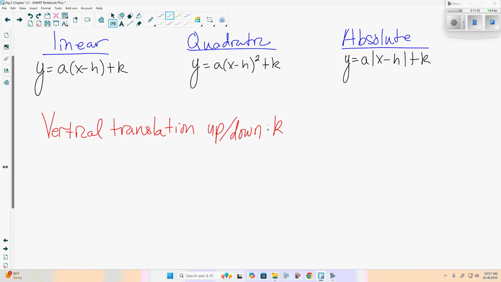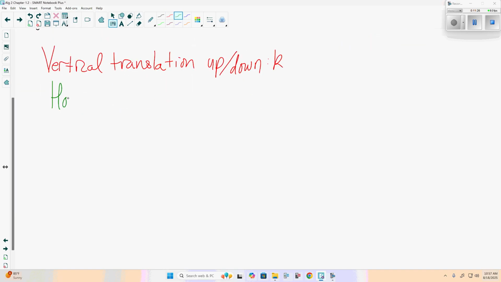Okay. Now we also have the horizontal translation, which is our left or right. And that is our h. That is the value inside the parentheses.